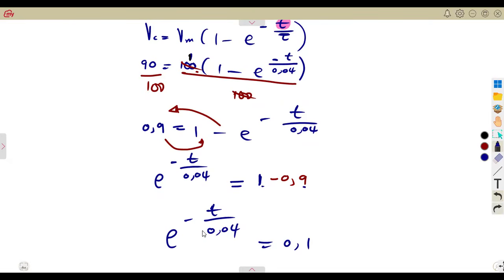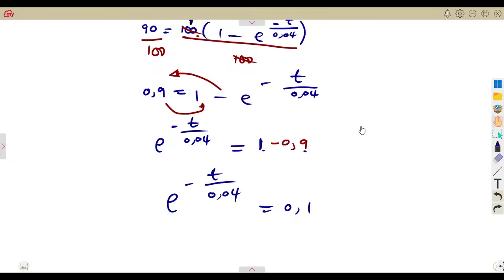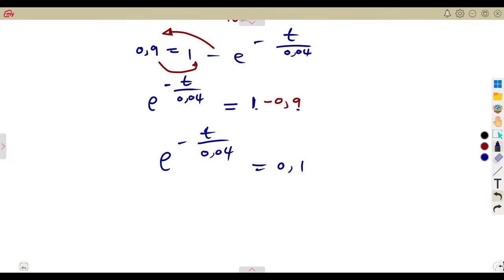So the question is, how do we get rid of the e? Let's get back to our N4 mathematics. Remember, that was the stage when you were introducing a ln, the natural logarithm. Why introducing a ln? Because we understand that the ln of e is equal to 1.